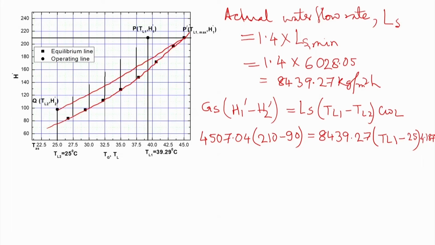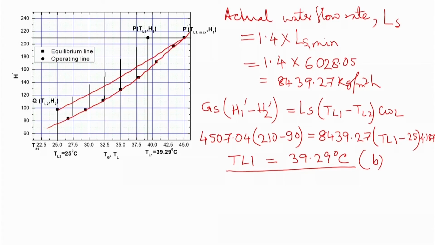After manipulation of this equation, we get TL1 equal to 39.29 degrees Celsius. So, this is the second question asked, that is B. The liquid water exiting the tower will attain 39.29 degrees Celsius.